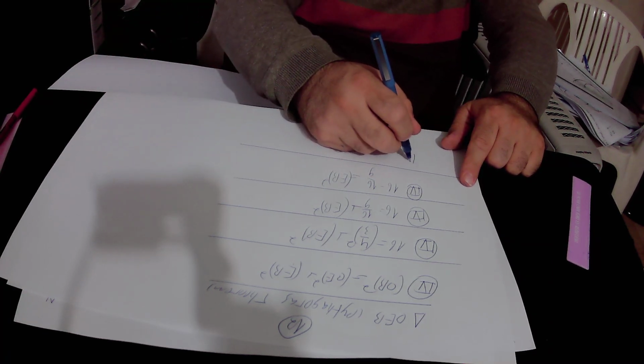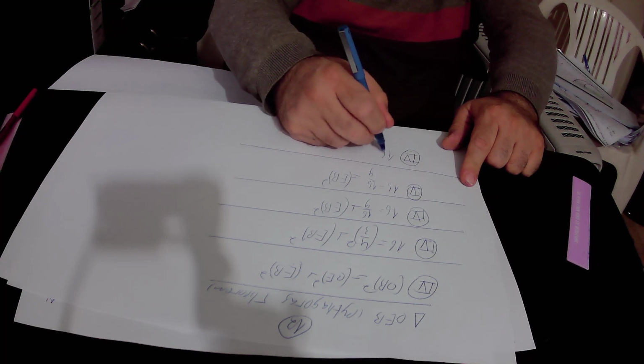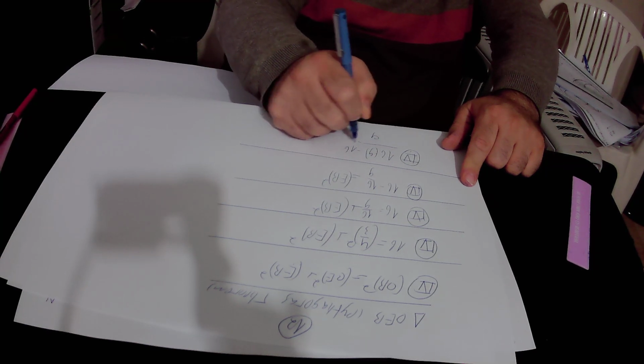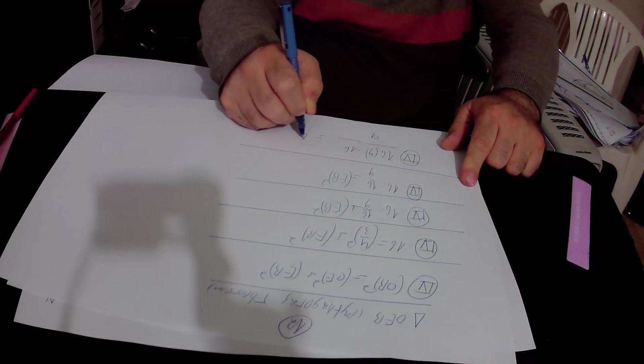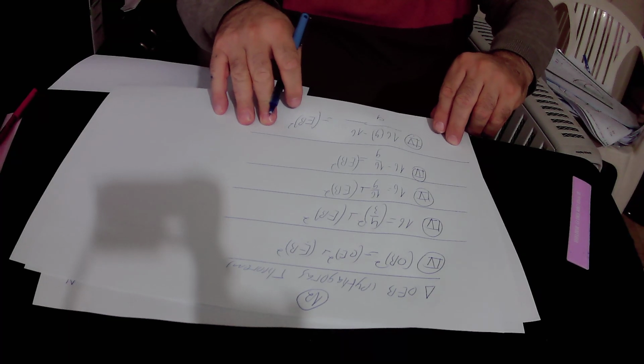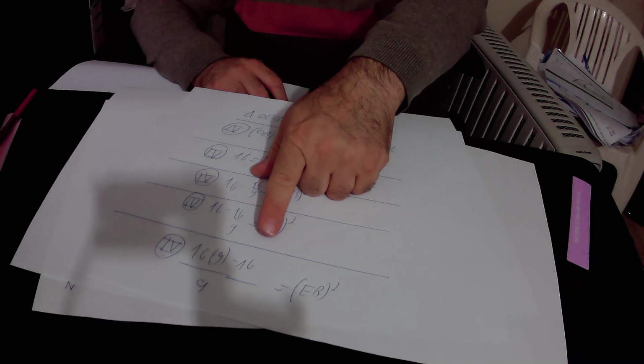So we get 16 times 9 over 9 minus 16 over 9 equals EB square. Here 16 times 9 minus 16 is 16 times 8.